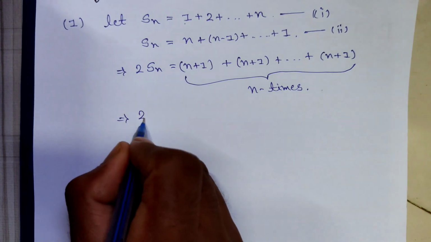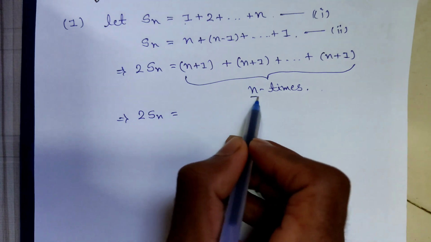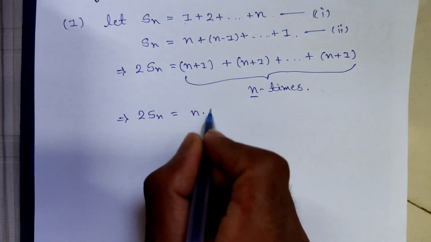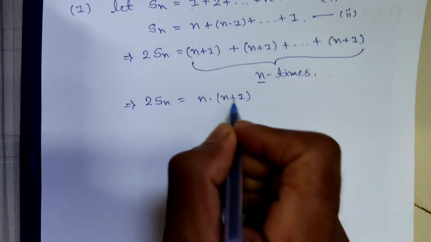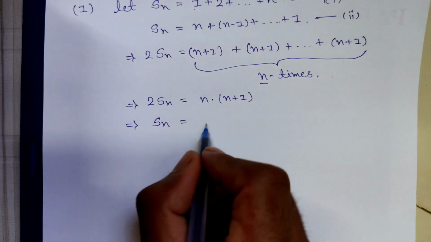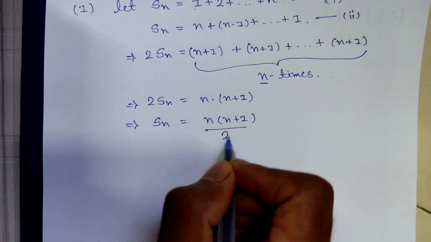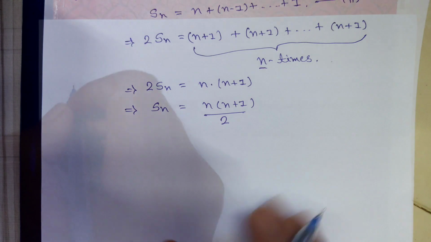So 2Sn equals n plus 1 with n times, so n into n plus 1, which implies Sn equals n into n plus 1 by 2. This is a very simple way.